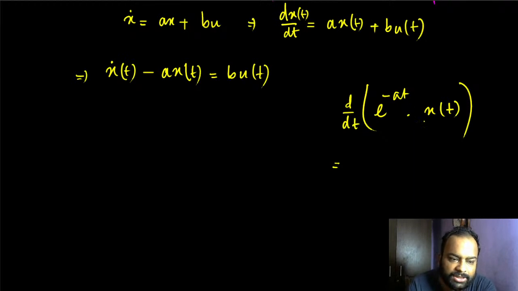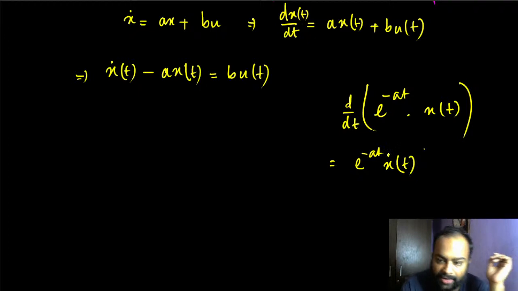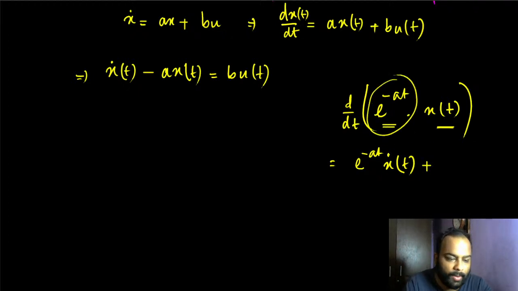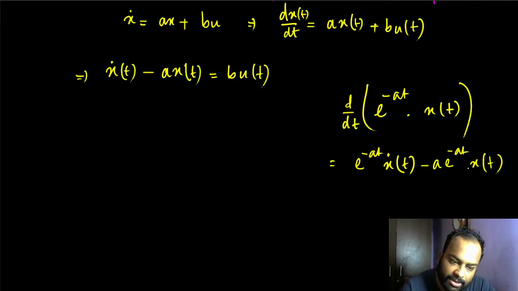So if we differentiate x and keep the rest constant, we get e to the power minus at times x dot(t), and then plus, we differentiate this keeping the other constant. The derivative of this is minus a e to the power minus at, and the rest is kept constant.